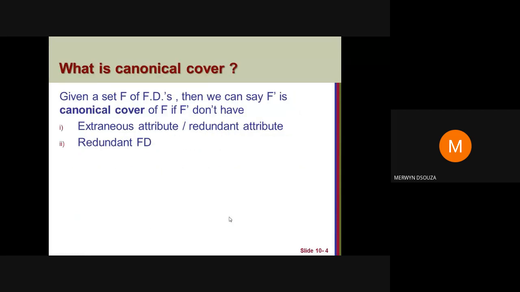So basically, in simple words, if you are told to find the canonical cover or minimal cover, then given a set F of functional dependencies, we can say F dash is a canonical cover of F if F dash doesn't have, first, extraneous or redundant attributes, and second, redundant functional dependencies.